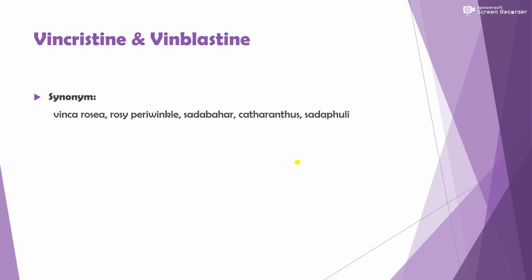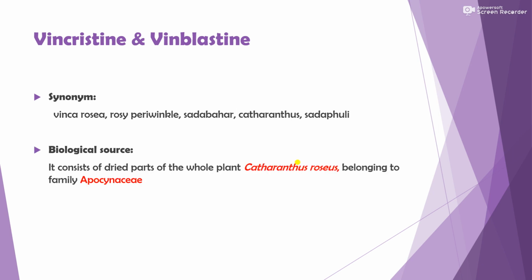Both of them are isolated from Vinca. The synonyms for Vinca are Sadafuli, Catharanthus, Sadabahar, Rosy periwinkle, Vinca rosea, and the biological source consists of dried parts of the whole plant Catharanthus roseus belonging to the family Apocynaceae.